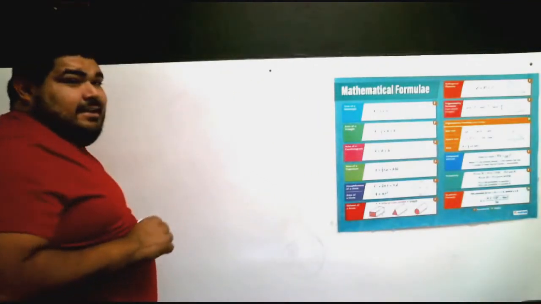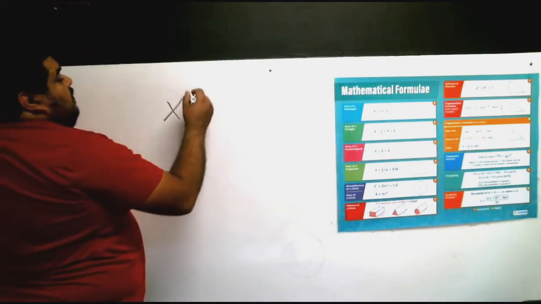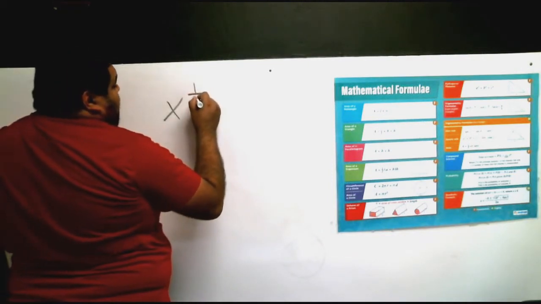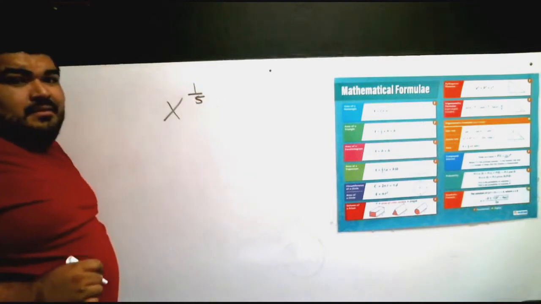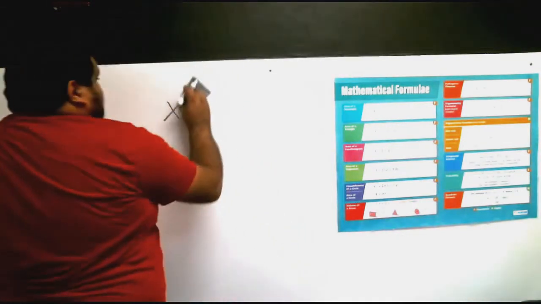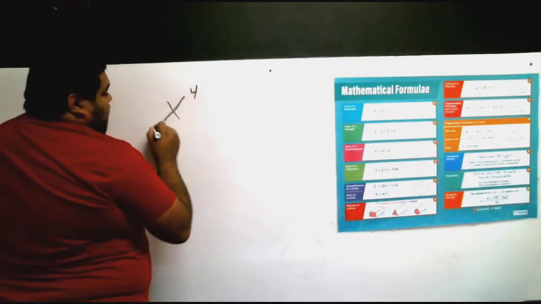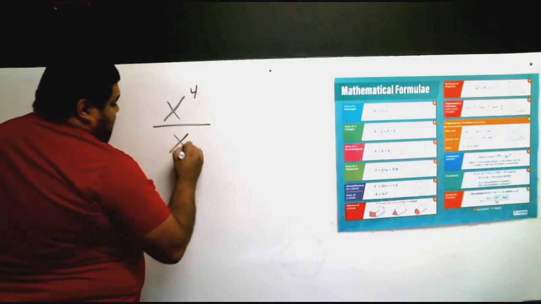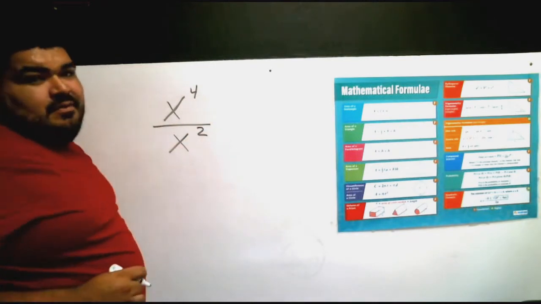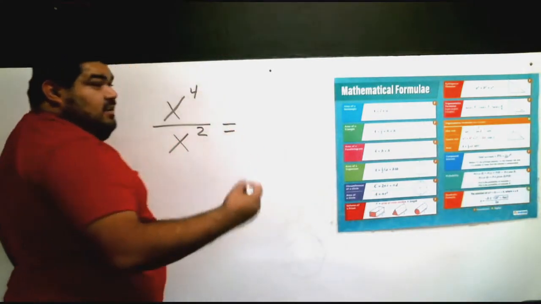Okay, so now the opposite. Let's start with the very basic stuff. x to the fourth over x to the second. It's written as, again, keep the x.